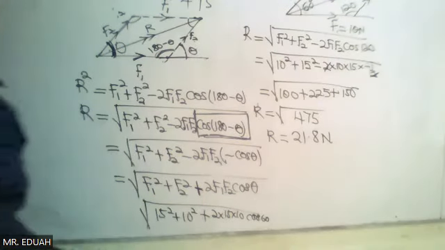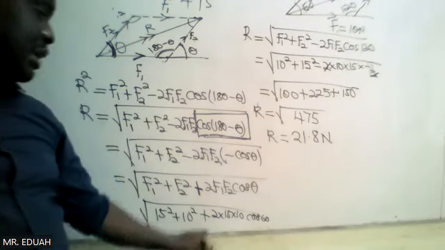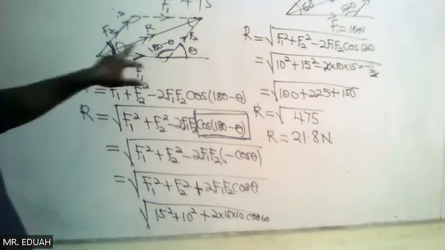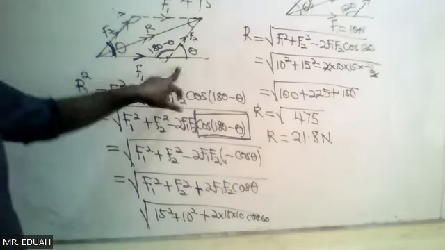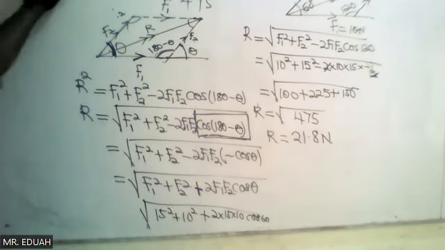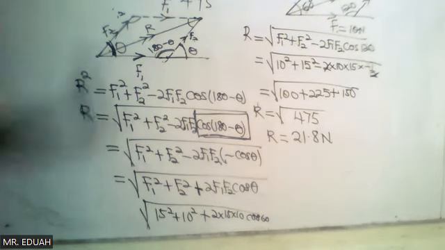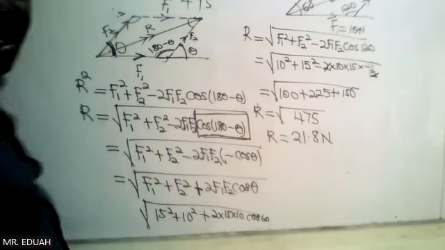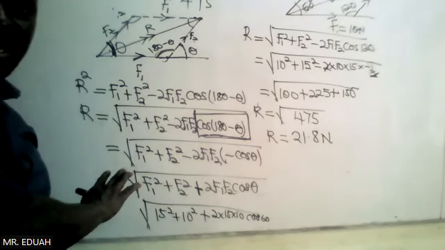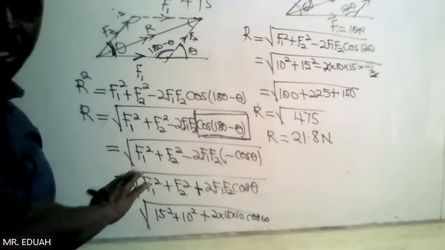And cos 60 is also half. So it will just give me the same result. So you can either use the angle given to you or the corresponding obtuse angle. Is that okay? Is everyone okay here? I hope everyone is okay.